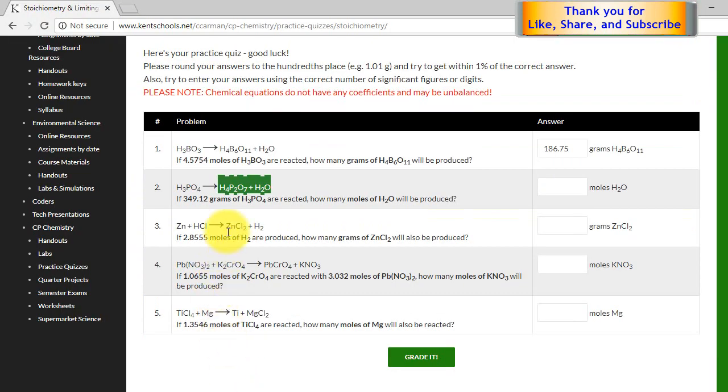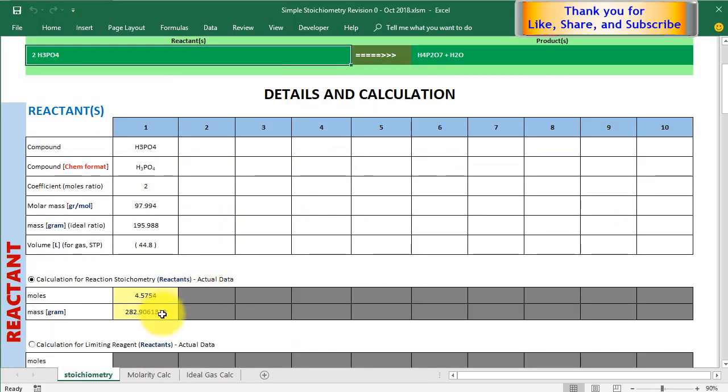And what is the question? 349.12 grams of this reactant, and how many moles of water? Alright, grams and moles. The known number is grams.